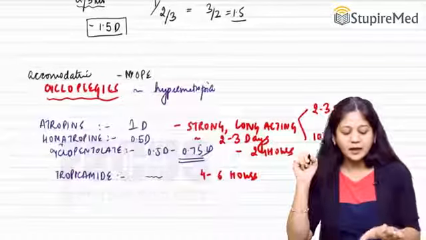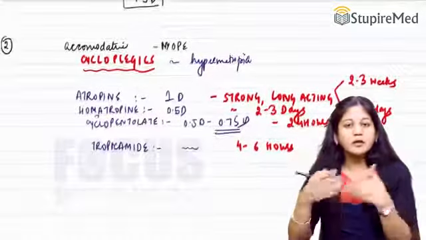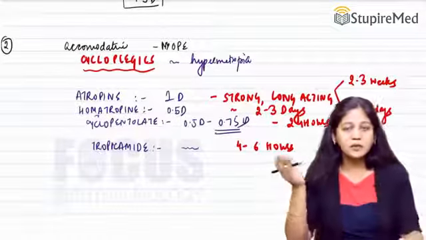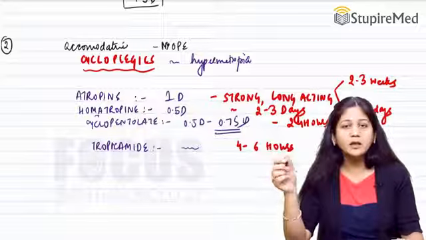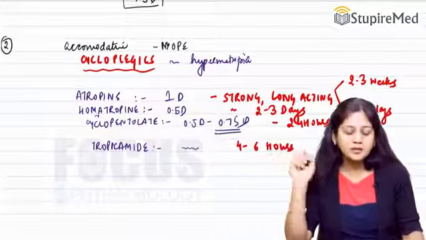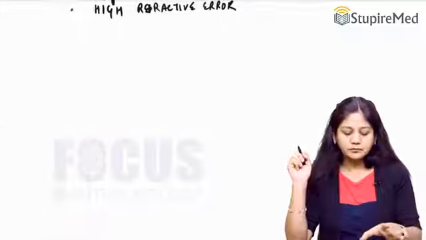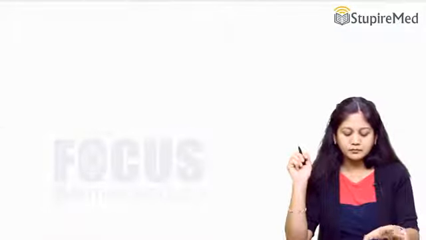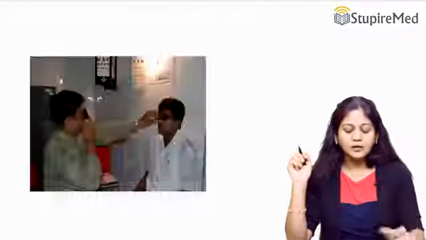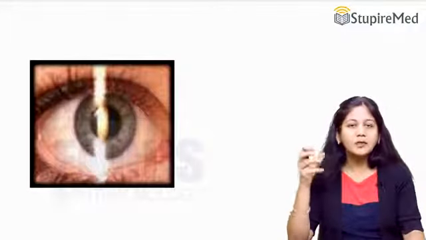Now, the next step, after doing cycloplegia in a patient where we want to do a retinoscopy, is that we will observe the reflex in the patient's eye. So, something like this will appear when we show a self-illuminating retinoscope light in the patient's eye.